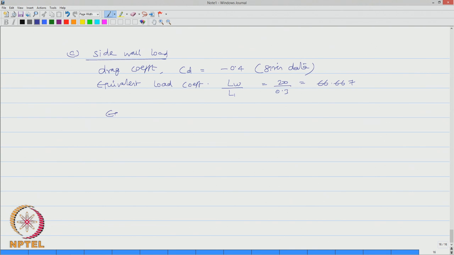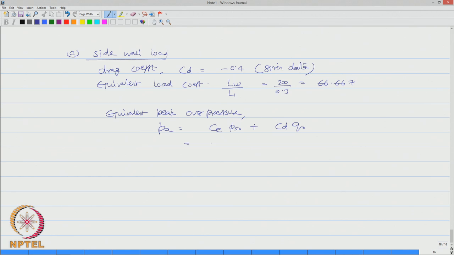So, the equivalent peak overpressure for the sidewall, which is Pa, is given by Ce into Pso plus Cd into Q0.